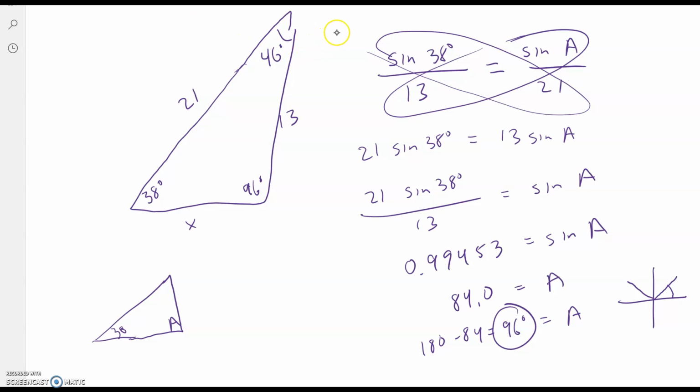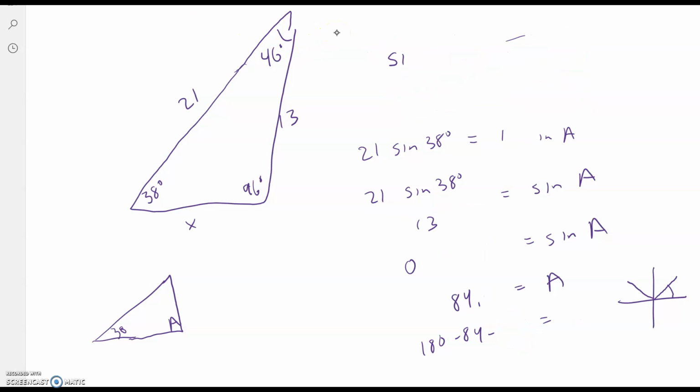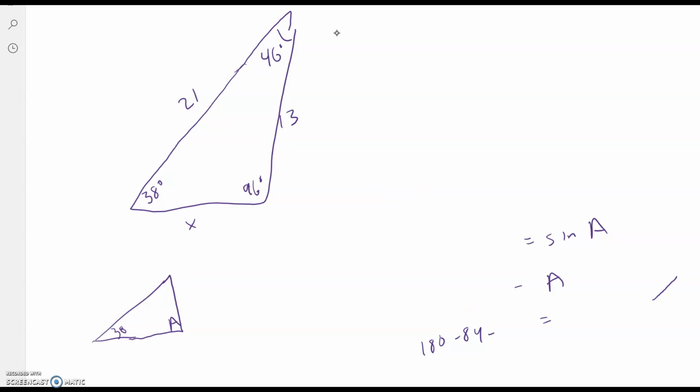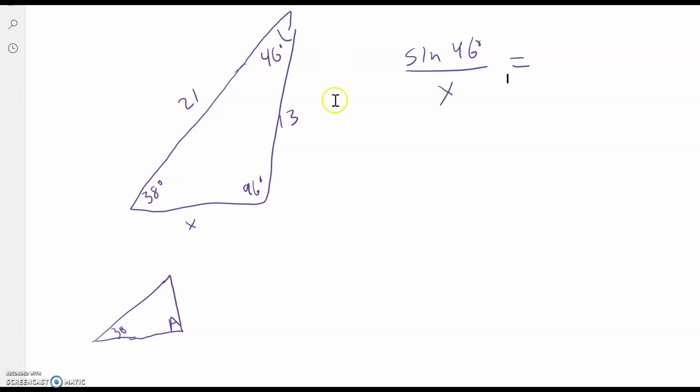Let me erase all this here. All right, so let's do it. Sine 46 degrees divided by x equals sine 96 divided by 21.